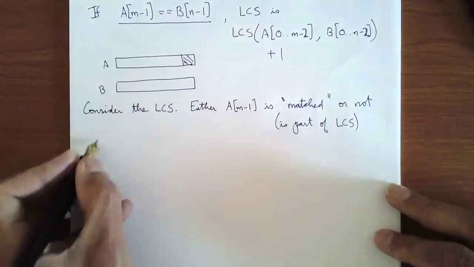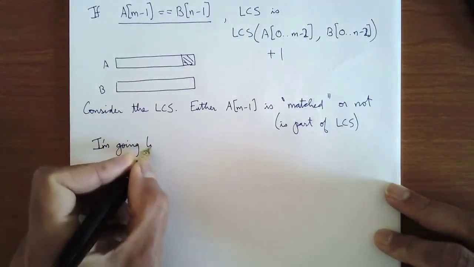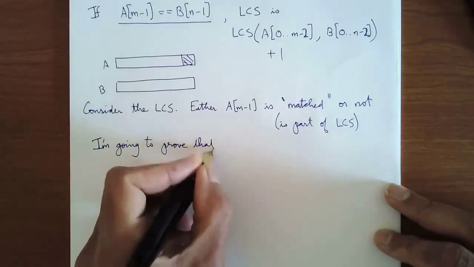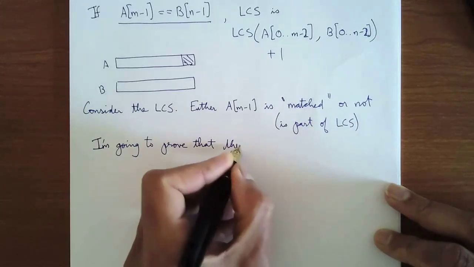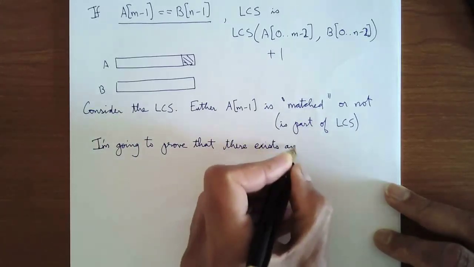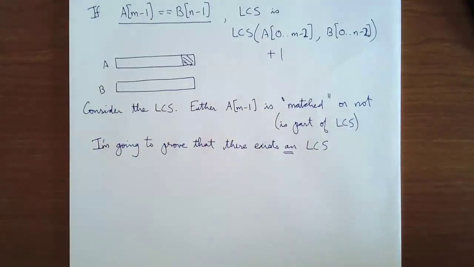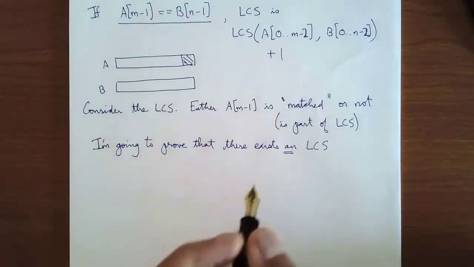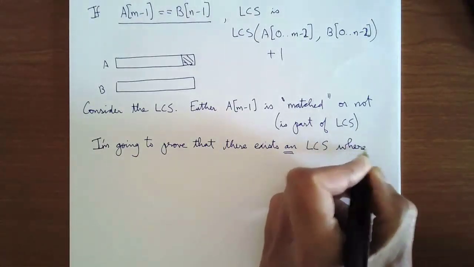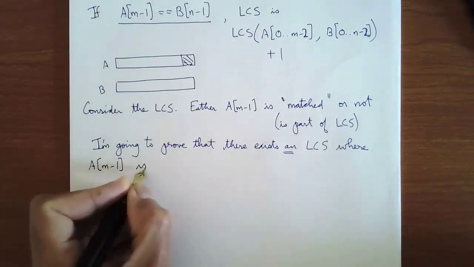Now I'm going to prove that there exists an LCS, because there could be multiple longest common subsequences, where A m minus 1 is matched.